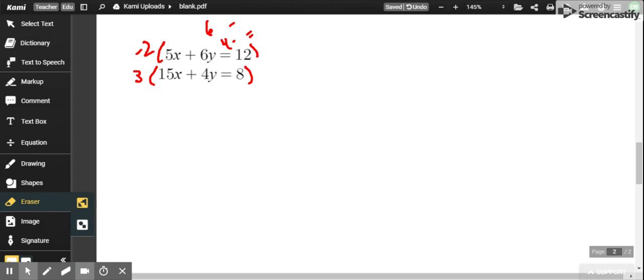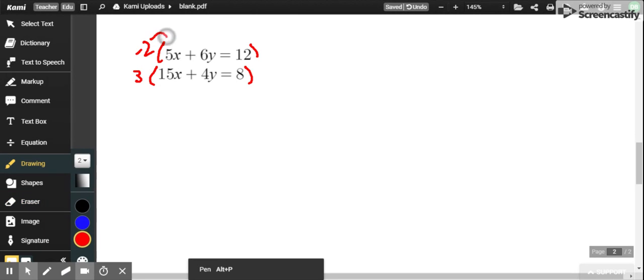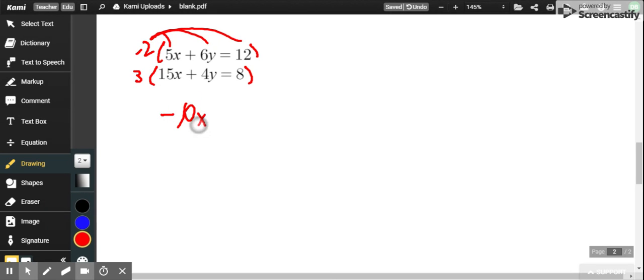Now, let me get this out of the way. Like I said, I'm going to distribute the negative 2 to each one of these terms. Negative 2 times 5x is negative 10x. Negative 2 times 6y is a negative 12y. And 12 times a negative 2 is a negative 24.